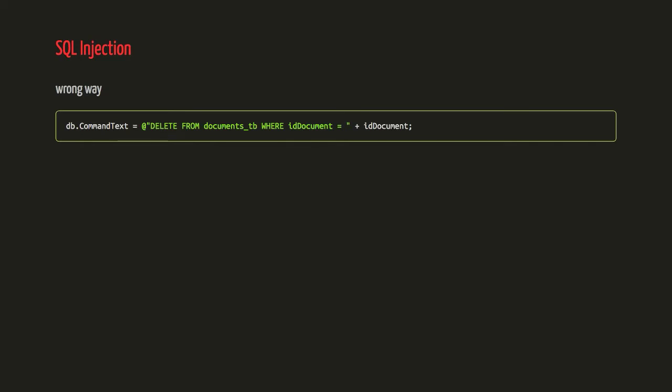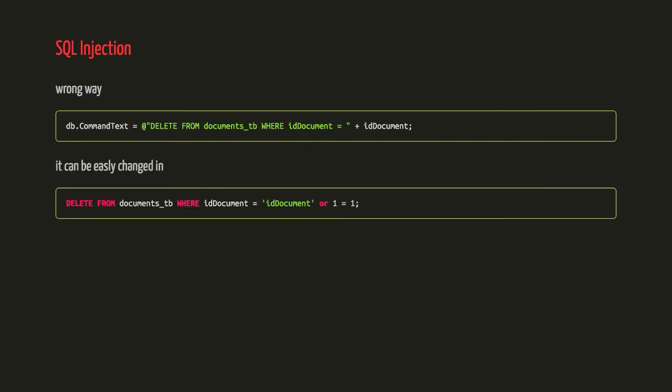Another possible type of injection is represented by SQL injection. As in this example, if we have a hard-coded query like this, the ID document parameter can be easily changed into something like this.